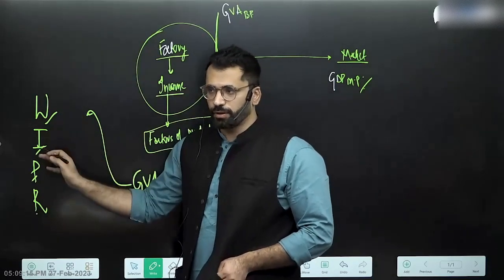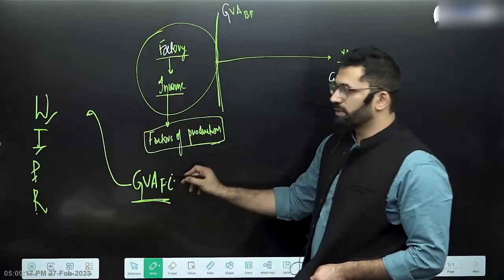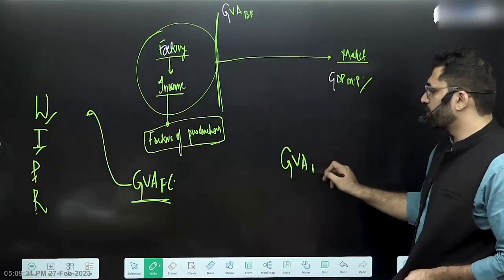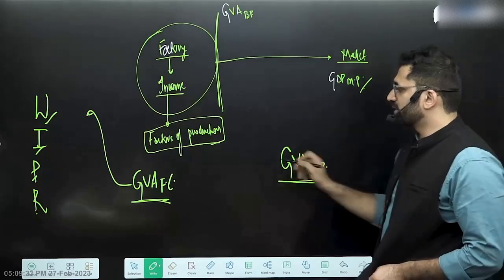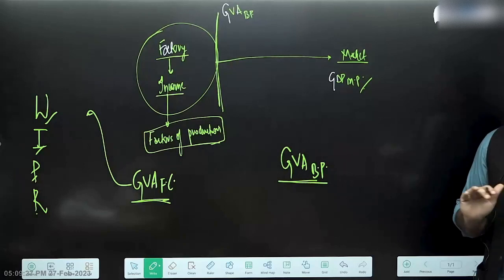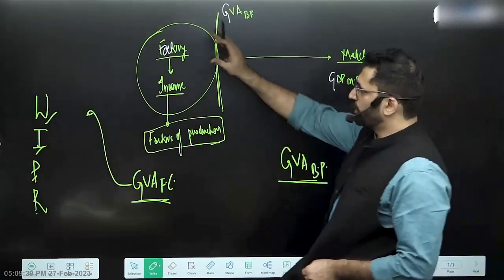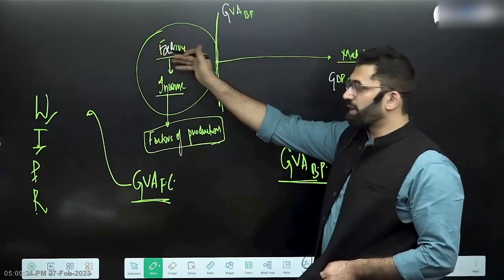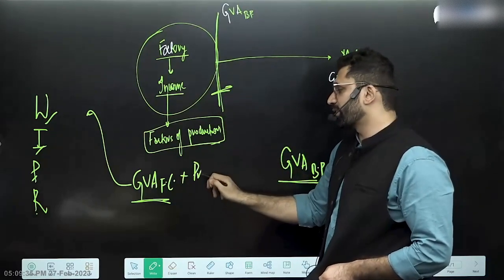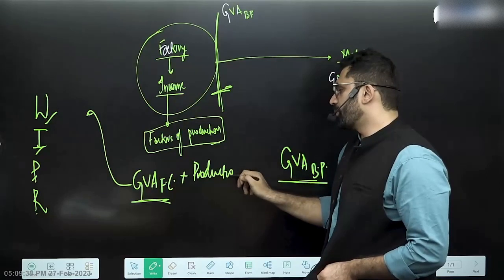These are the four. Now when we move from gross value added at factor cost to gross value added at basic price, what is the difference between the two, or how do we reach here? So when we are working inside the factory and the whole product is prepared at the factory gate, there would be certain production taxes which will be paid by the factory.